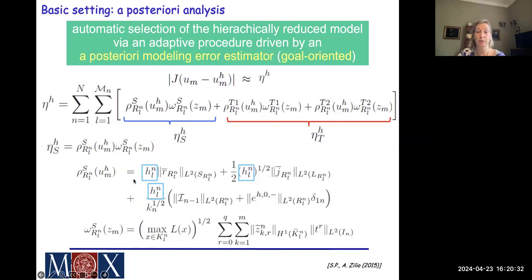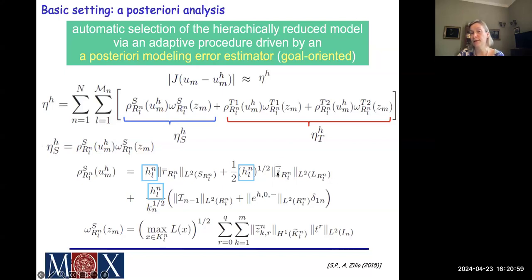And the possibility to highlight these two estimators is crucial in order to predict the partition of the mainstream as well as the subdivision of the time windows you are interested in. So the other terms seem ugly, but they are absolutely beautiful. Essentially, they do coincide with the residual associated with the internal part or with the boundary contribution.